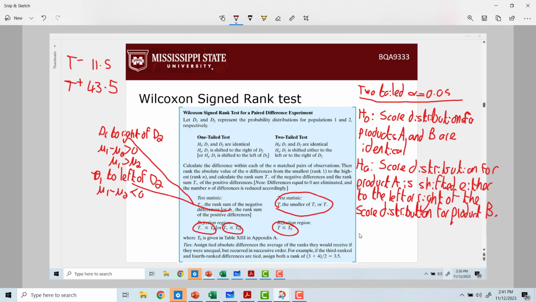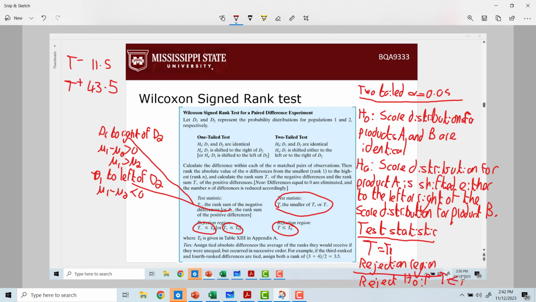Okay, you get that. And the test statistic, in this case T, the smaller of T plus and T minus, is going to be T equals T minus. And we're going to have the rejection region: we're going to reject H0 if T is less than or equal to T0.